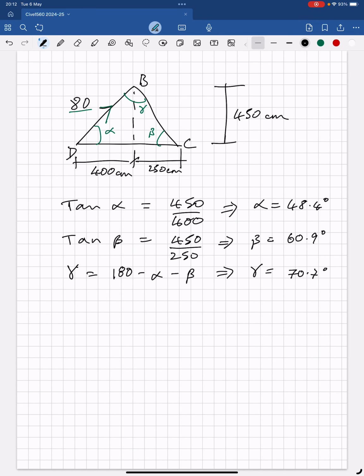So we can apply either the sine rule or the cosine rule. And in this case it's going to be the sine rule, so let me just write the sine rule out here.